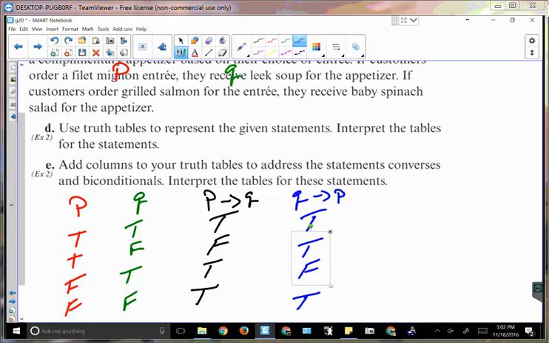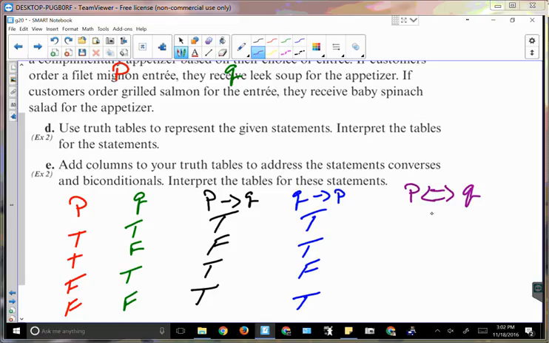Okay? So now, if the situation is such that P and Q have to go together, that's the biconditional statement. If I walk into the restaurant and I see somebody with leek soup, what did I know they ordered? Mignon, filet mignon. And if they're eating their filet mignon, what did I know they got as an appetizer? Leek soup. So that means it's going both ways.